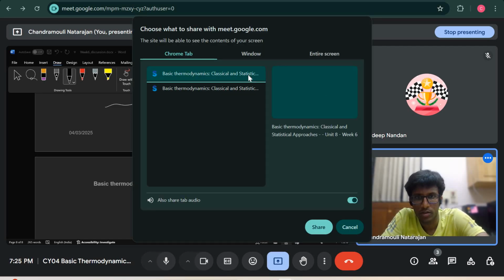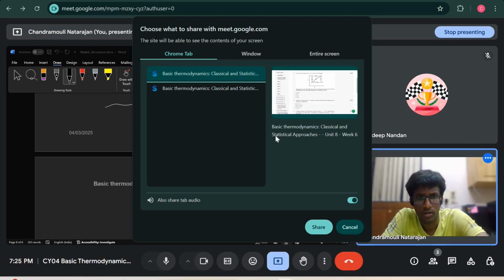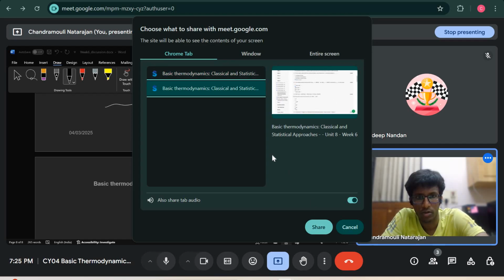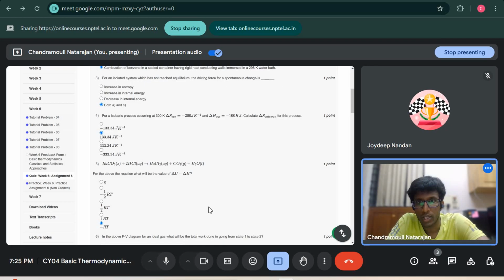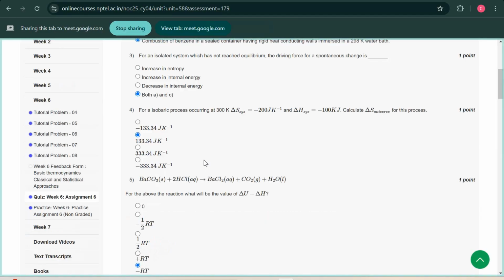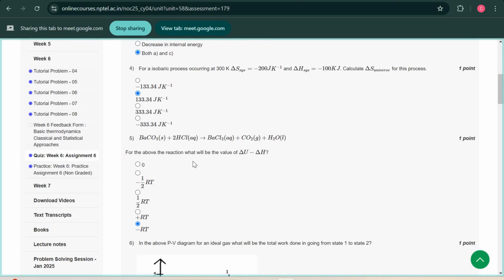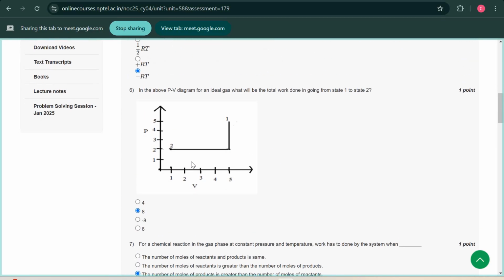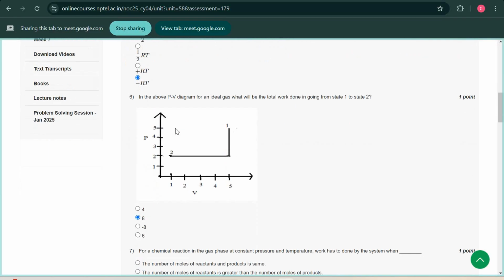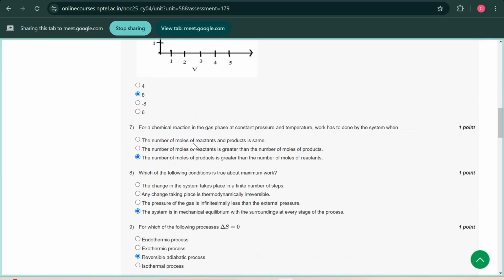You can see the tab, right? Which question were you asking? 4 and 6 we already discussed, problems similar to that. 7 and 8, no? So 7: for a chemical reaction in gas phase at constant pressure and temperature, work has to be done by the system. Okay, so when does a system do work?